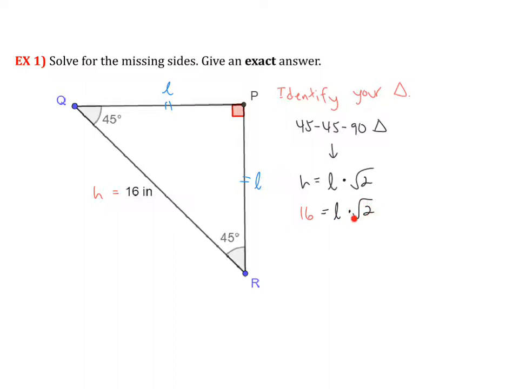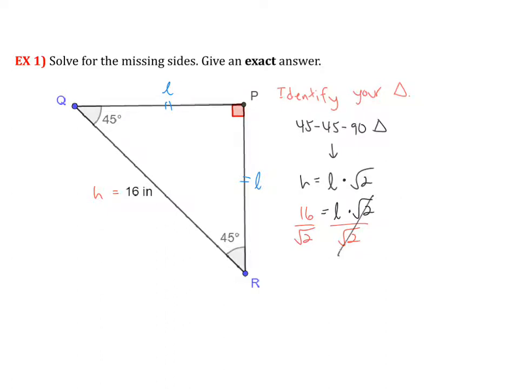So in order to get rid of this square root of 2, I'm going to divide both sides by the square root of 2, because again, the operation here is multiplication. I'm not square rooting L, nor am I taking it to the second power. I'm not seeing L squared. I see L times the square root of 2. So to get rid of it, we need to do the opposite operation, which is to divide.